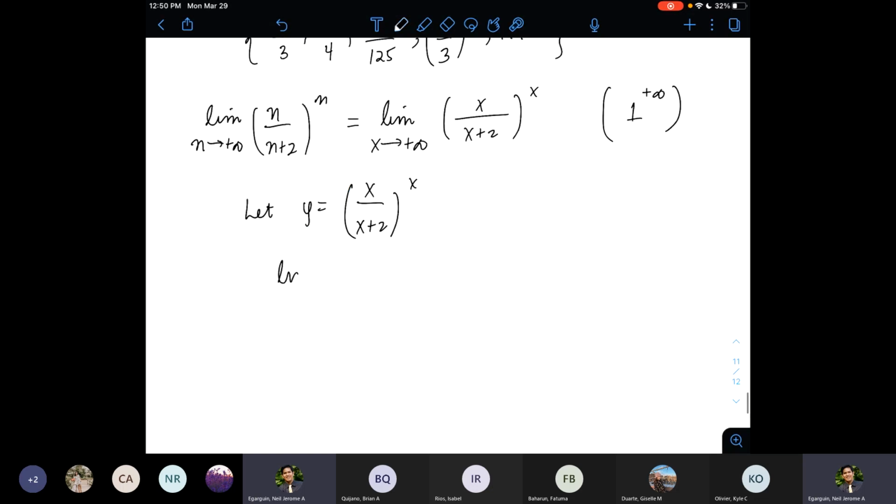I'll take the natural log of both sides, and use the property of natural logs: supposedly I'll have the power x inside the log, but thanks to the laws of logarithms, this exponent can come down as a coefficient. That's why I have it here. And I'll take the limit as x approaches infinity.